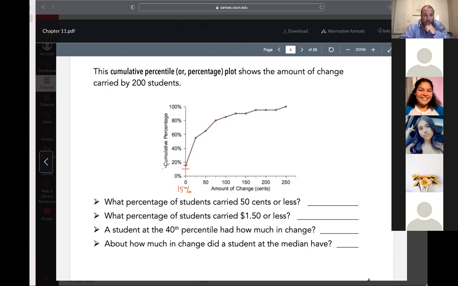Because remember, this is a cumulative percentage plot. So it doesn't give you the exact amount for 25 cents. It gives you the total amount up until 25 cents. So what percent carry any amount up until 25 cents?